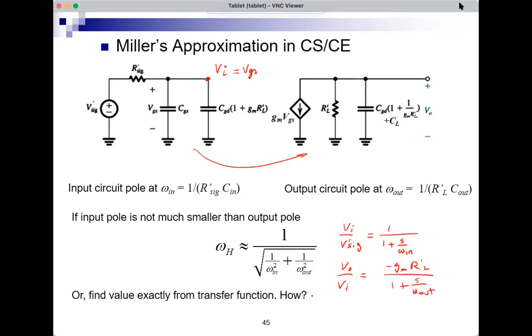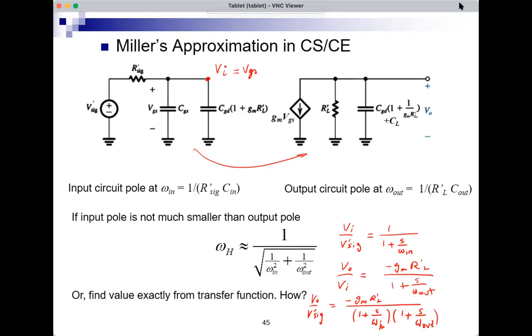So VO over V prime sig, the overall transfer function, is minus GM R prime L over 1 plus S over omega n, into 1 plus S over omega out.